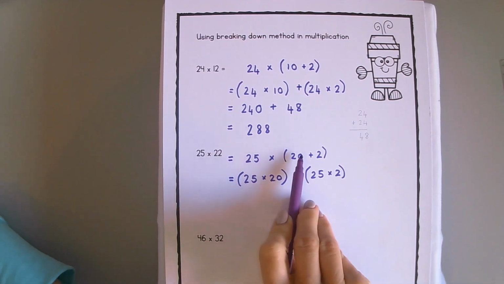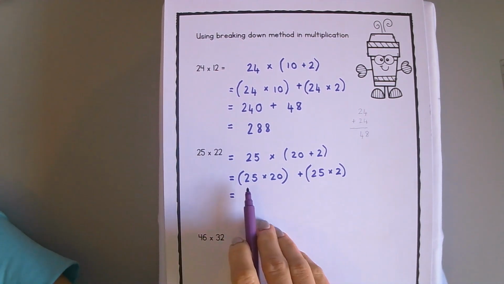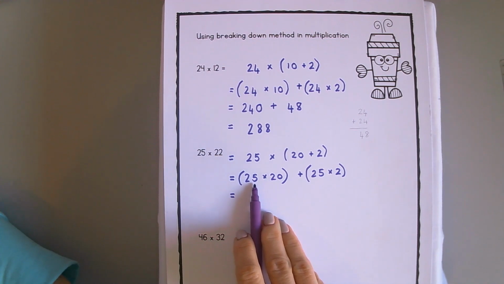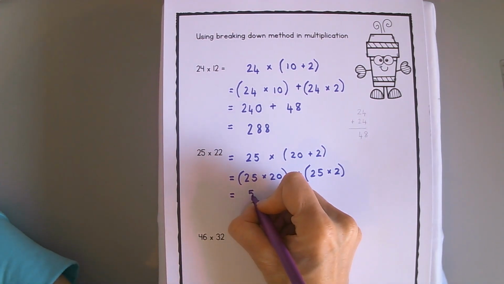Okay, so we're just separating it out. We're giving it to each of them. And then we're going to work this part out. So again, I've got a 0 there and I've got a 2. So it's 20 times 25. What is double 25? So 25 times 2 is 50.